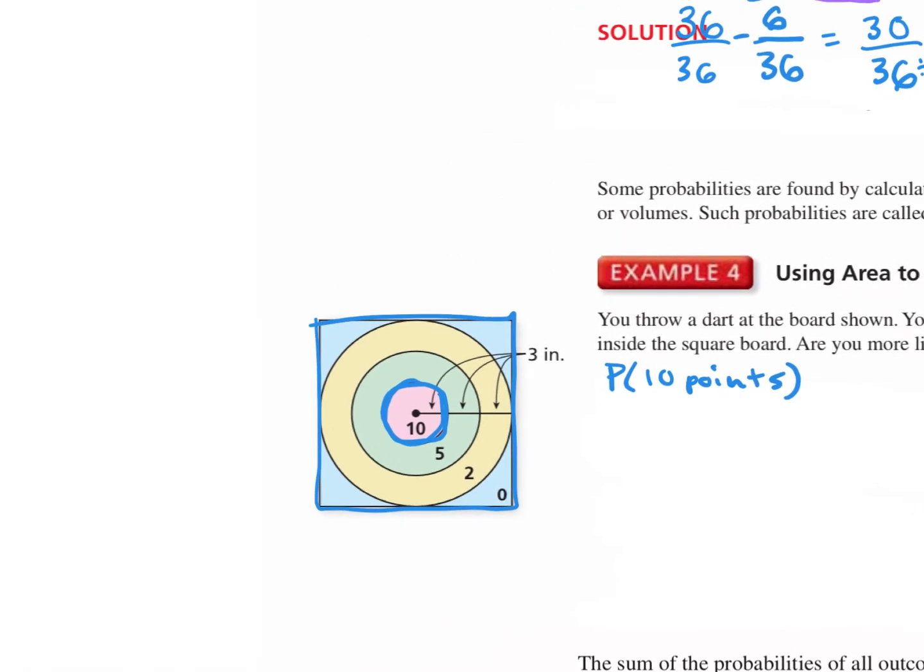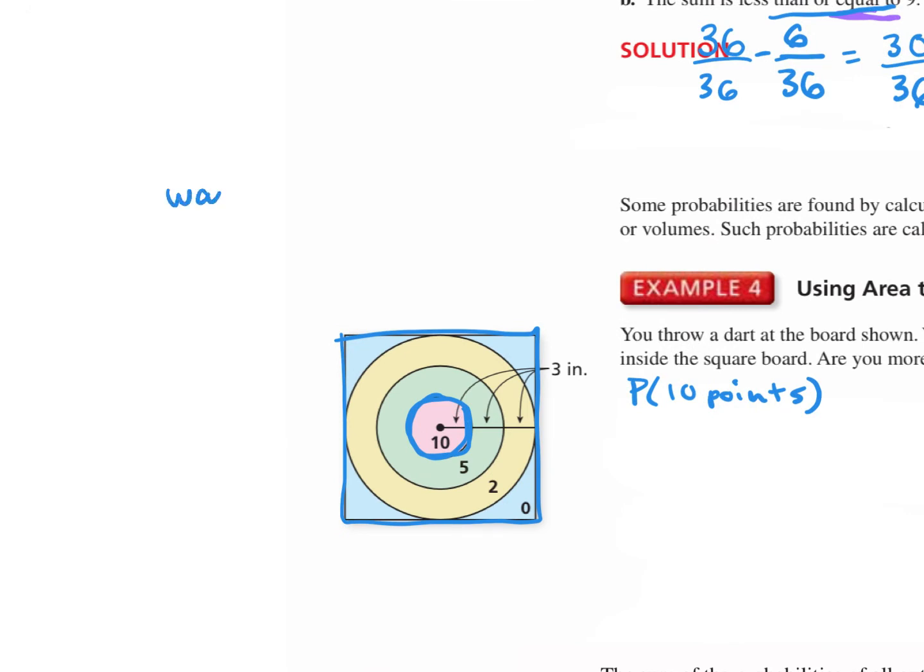Because our probability is always what we want over the total. So to find the probability that we land in the 10-point circle, we're going to find the probability of the 10-point circle in here, what we want, over the probability that it lands on any part of the board.